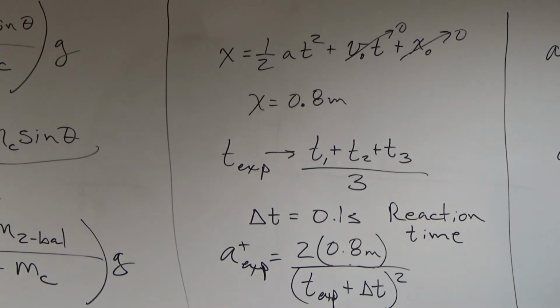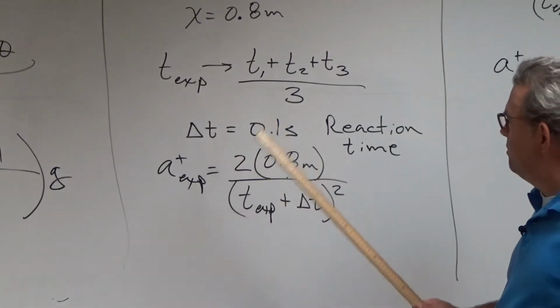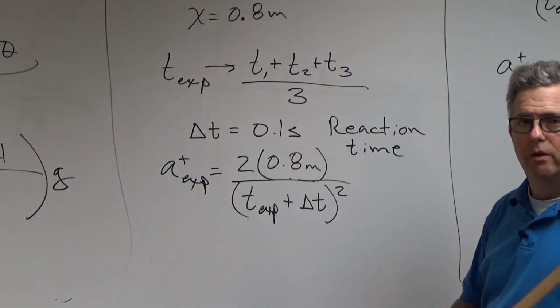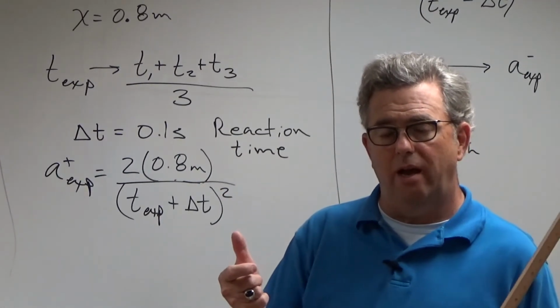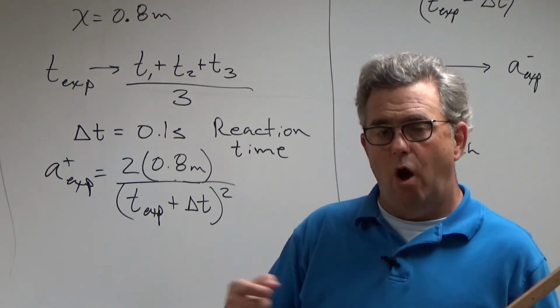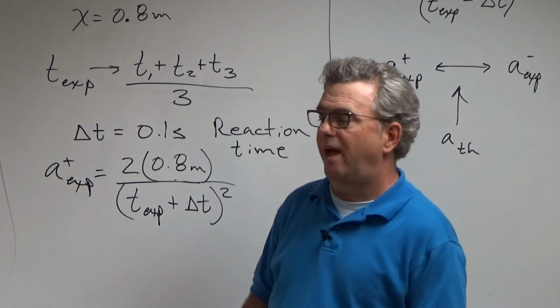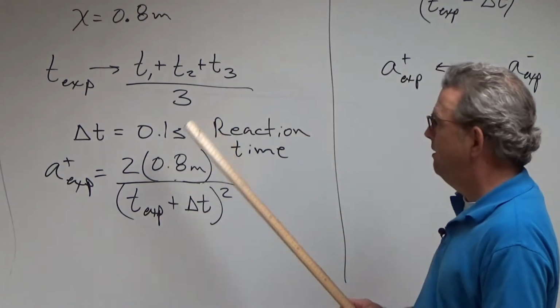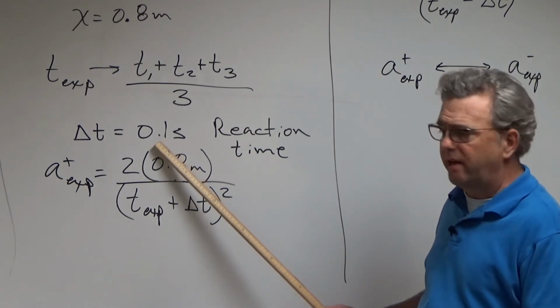Okay? One thing that I want to add into this is the so-called reaction time. When you're timing the cart, there is a reaction time for the stopwatch. Over time, with different students and different classes, surprisingly, the reaction time is pretty darn fast, about 1/10 of a second.